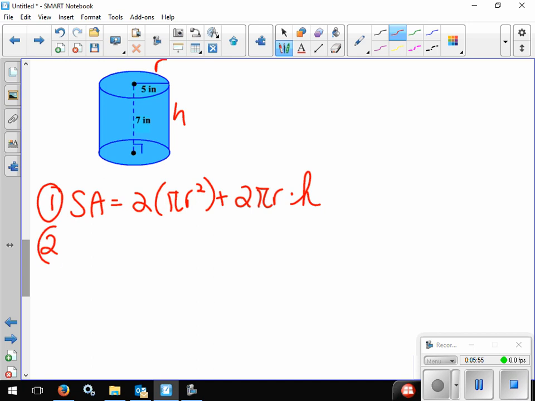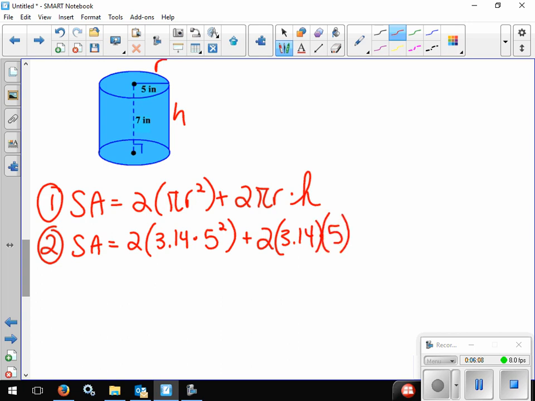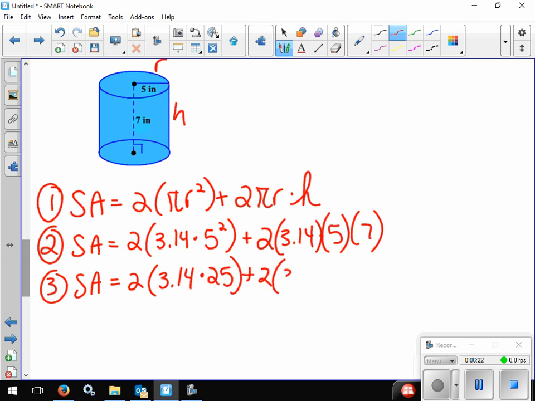Okay, step 2, surface area equals 2 times 3.14 times 5 squared plus 2 times 3.14 times 5 times 7. Okay, and then step 3, we have surface area equals 2 times 3.14 times 25 plus 2 times 3.14 times 35. 5 times 7 is 35.